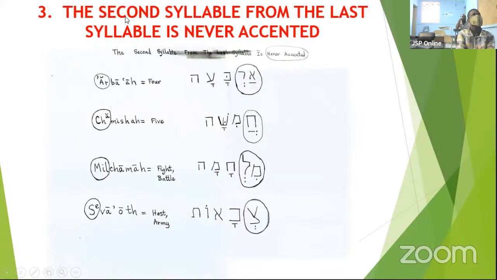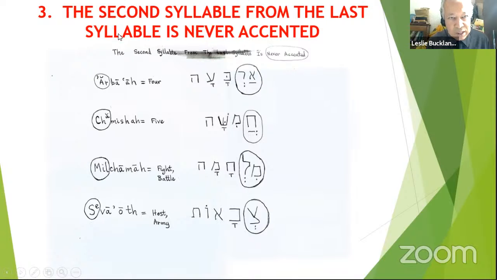Now the rule here says the second syllable from the last syllable is never accented. So let us count. Since this is the last syllable, let us start counting from the syllable immediately before the last syllable. 1, and then 2. This is the second syllable from the last syllable.